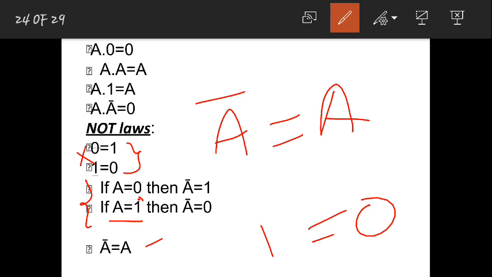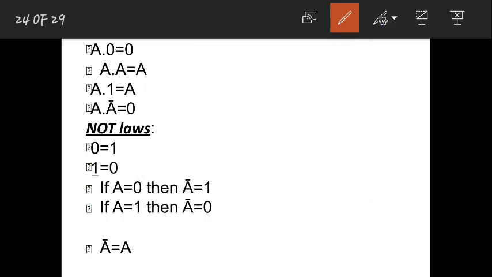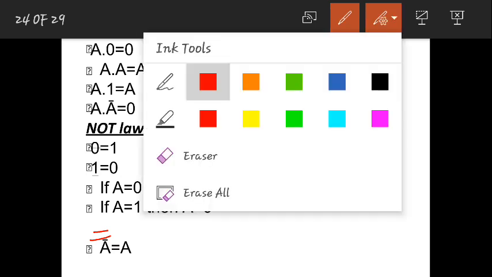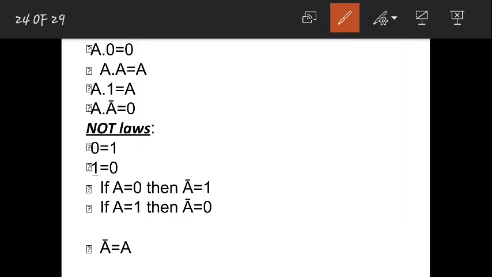Both A can't be equal to A bar, but A double bar can be equal to A. Let me solve this. See, here they have given it wrong. You can take this as A bar and 2 bars, okay, not 3. Already you have 1 bar, A bar, so you will just write another bar.